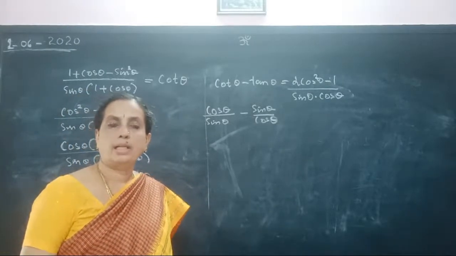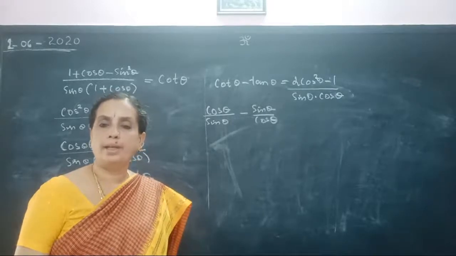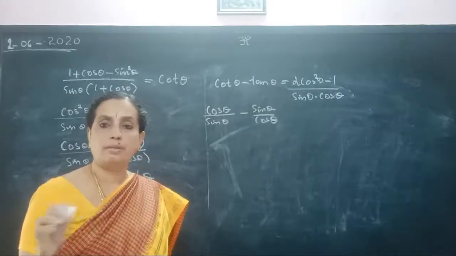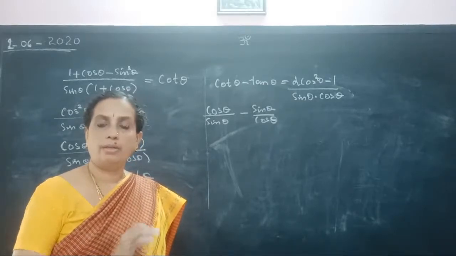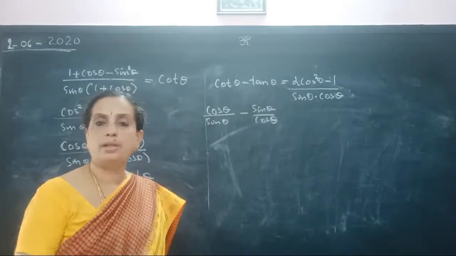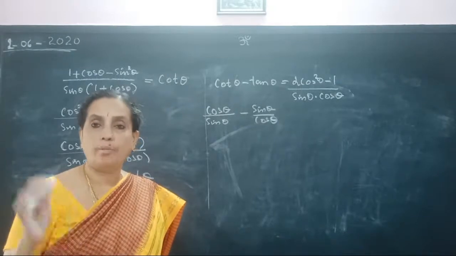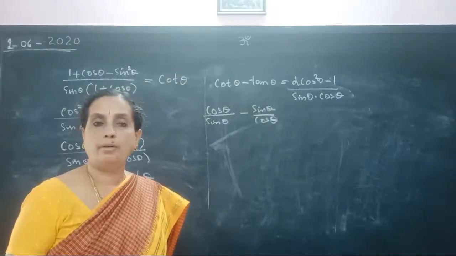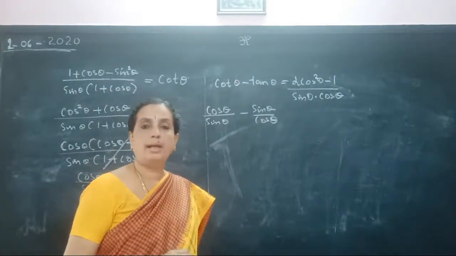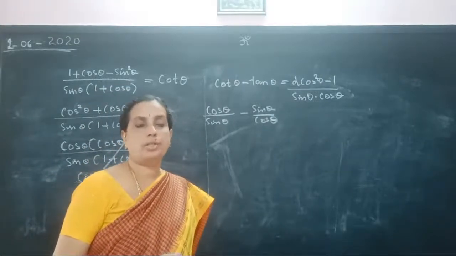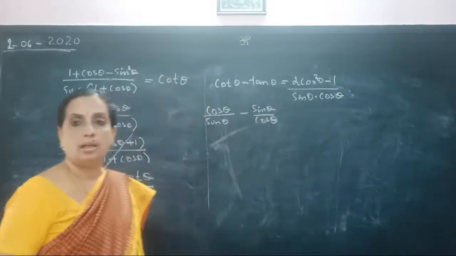But whenever tan theta equals 3 by 5, we cannot say sin equals 3, cos equals 5. It's not correct. We take the ratios in terms of sin and cos as tan, not the numerator and denominator values. So don't go with that concept. We write sin by cos as tan, cos by sin as cot.